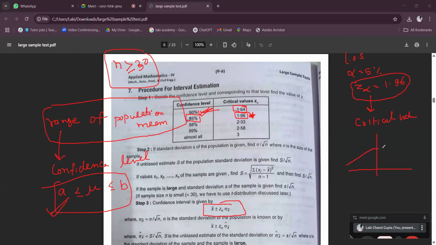Let's suppose this is a graph. Okay. Critical value is called limiting value. This is minus 1.96 and this is 1.96. So this range is called acceptance region.